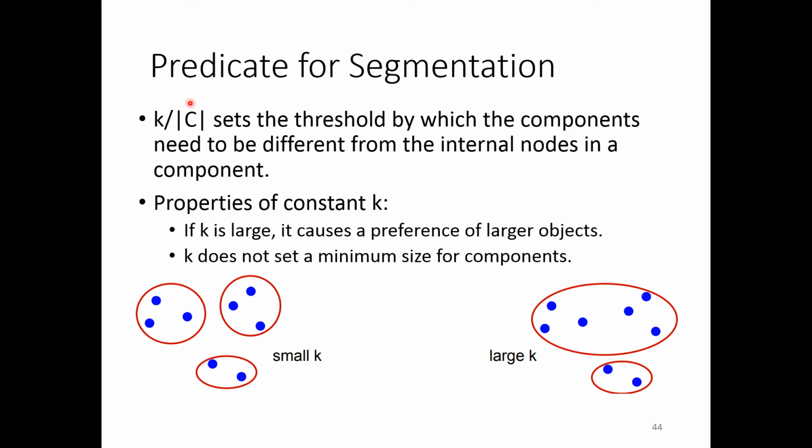They have this K over |C| term here. It basically adjusts how many clusters you end up with. If you have a large K, you make the internal difference artificially bigger, therefore more likely to merge clusters, so you have fewer clusters.